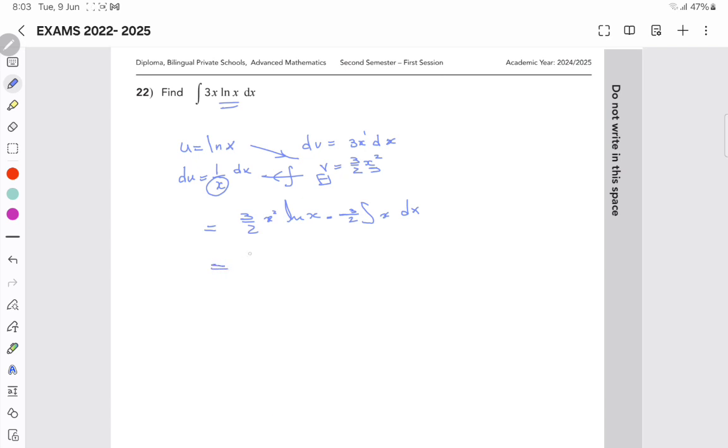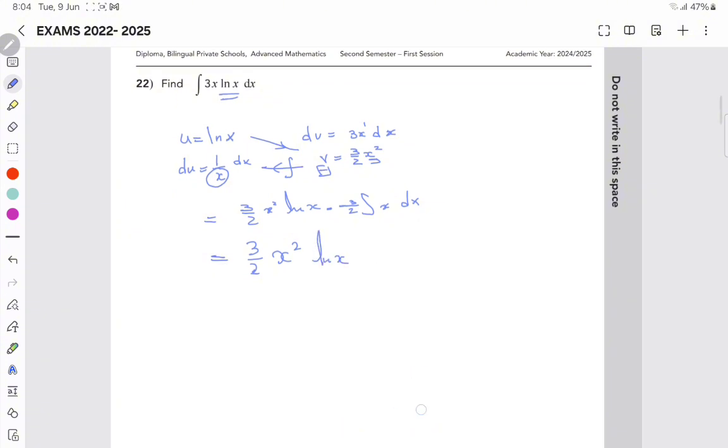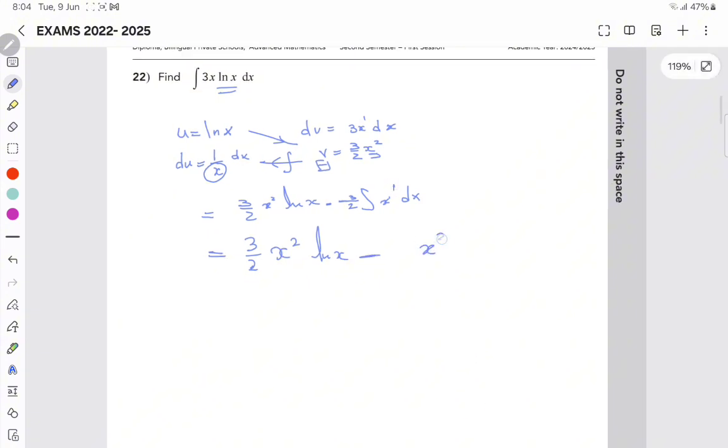So now just integrate: 3 over 2 x squared times ln x minus, here it's raised to the power 1, so we add 1 to the power, it will be 2, divide by the new power, 3 over 2 divided by 2, it will be 3 over 4, all of that plus c. It's finished.